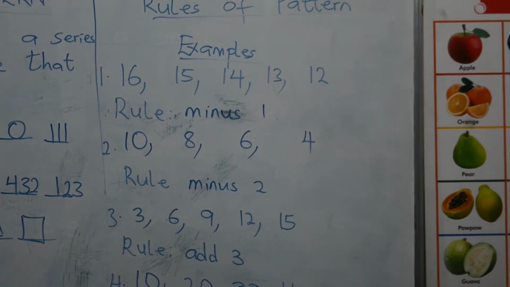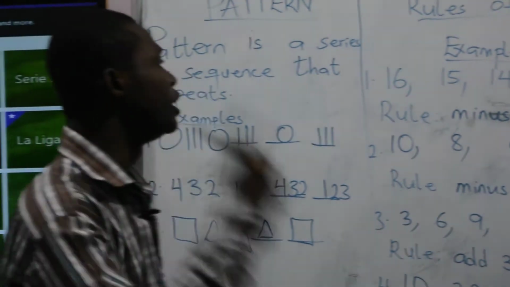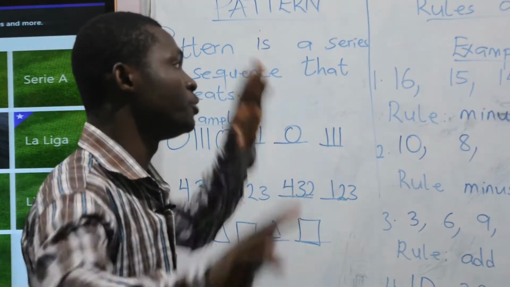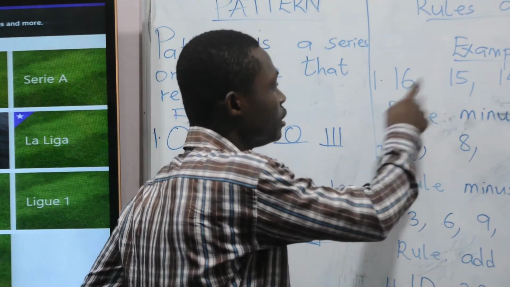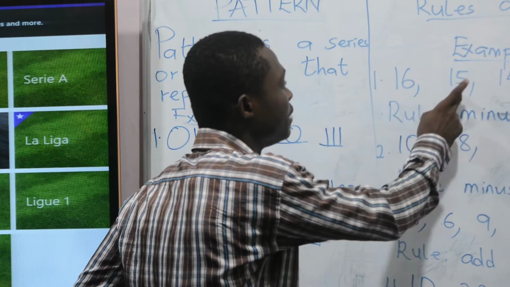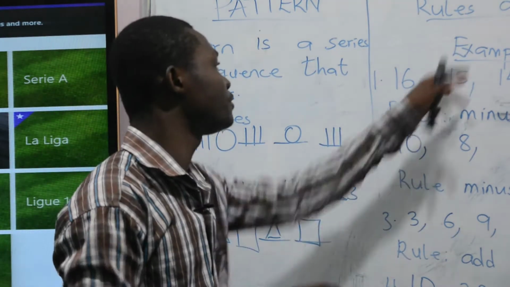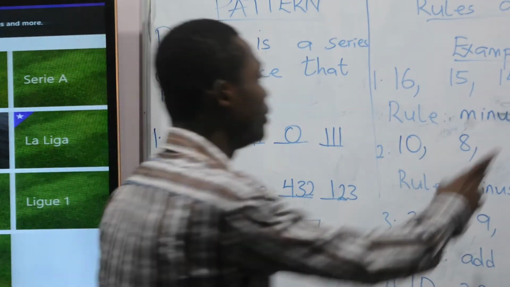What is the rule? First, if you are going to find the rule, you need to check the difference between the numbers. So what is the difference between 16 and 15? It is 1. When you take 15 from 16, you are going to get 1.